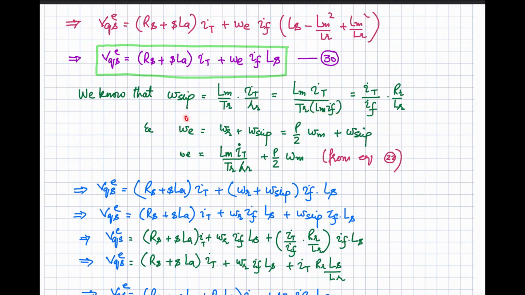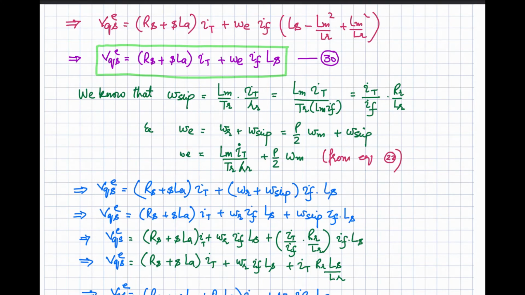We know that the synchronous speed omega s or omega e is equal to the rotor speed plus the slip speed. This is the electrical speed of your machine, the electrical rotor speed. In terms of the mechanical speed, it can be written like this: P by 2 into omega m plus omega slip. This will give you the synchronous speed. So now using the expression for the rotor speed and the slip speed, we can write down the expression for omega e, the synchronous speed.